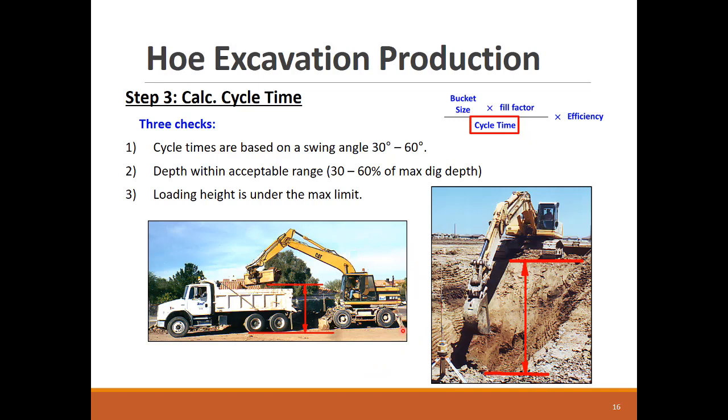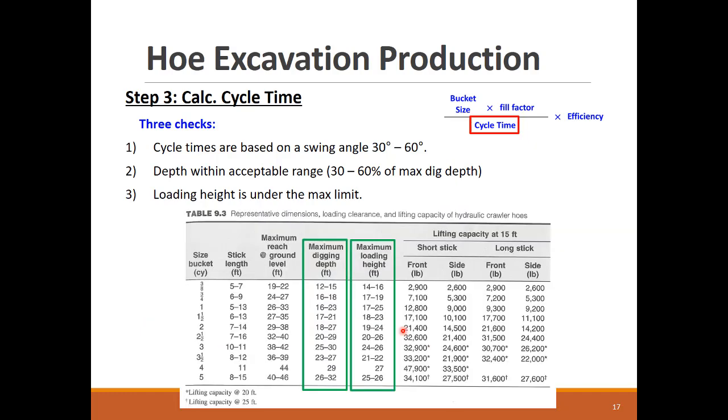The depth and loading height should also be within an acceptable range relative to the maximum values provided by the excavator manufacturer. This table provides some guide values for the maximum digging depth and loading height. To use the suggested cycle times, you need to be between 30 to 60% of the maximum reach values for digging and loading.